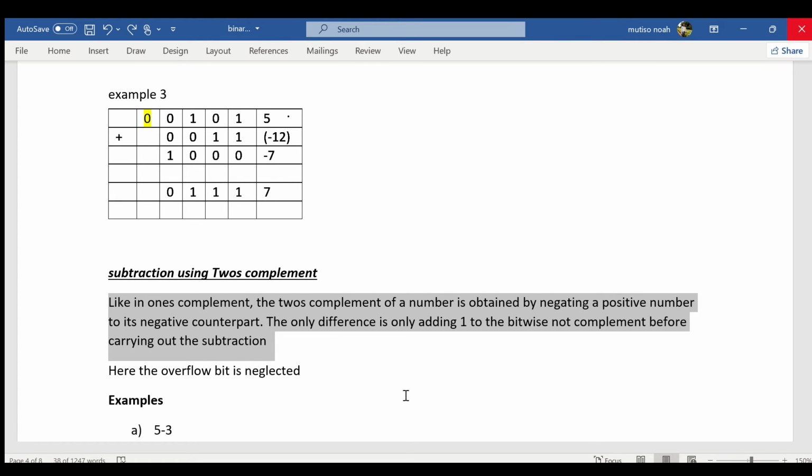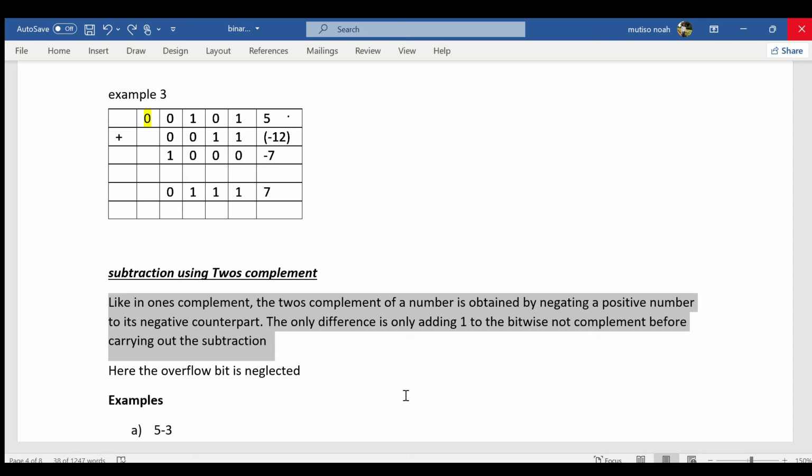That is getting the bitwise not, which we talked about in the previous subtopic, which is 1's complement. The only difference is adding 1 to the bitwise not complement before carrying out the subtraction.